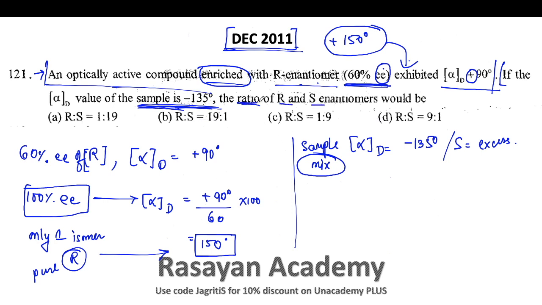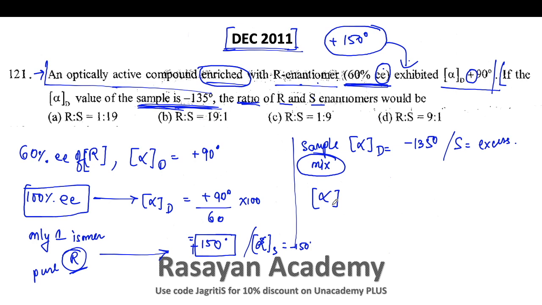Now you have to find the ratio of R and S enantiomer. Before finding out the ratio, you have to find out the percentages of R and S enantiomer. How do you do that? The pure R enantiomer shows you plus 150, which means the alpha D of the pure S enantiomer is minus 150, isn't it?